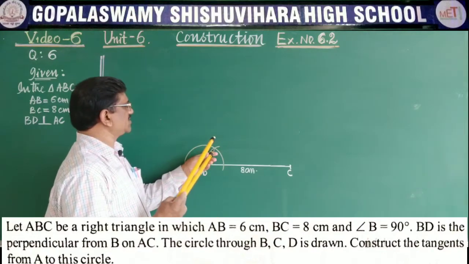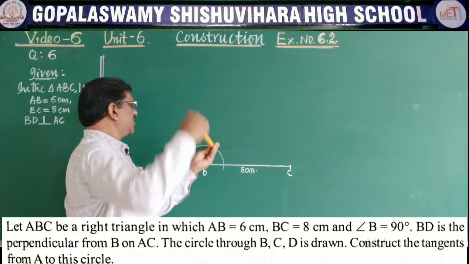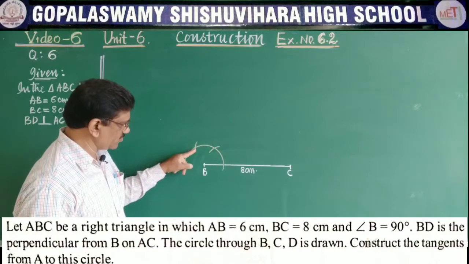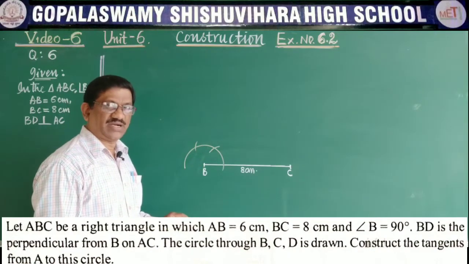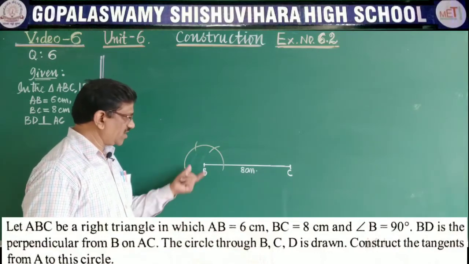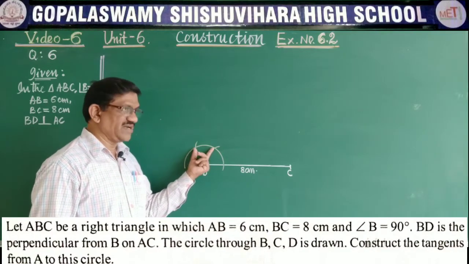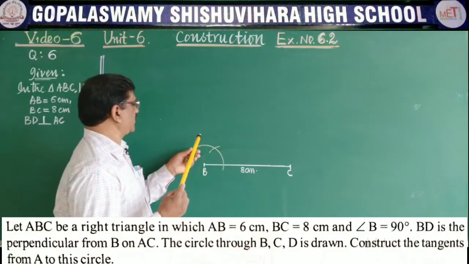So with this draw another arc, cut another arc, 60 plus 60 it makes, if I join this point with B, it makes 120 degree. But we need right angle that is 90 degree. For that I am bisecting the second angle, that is second 60 degree angle. Then what happens here?